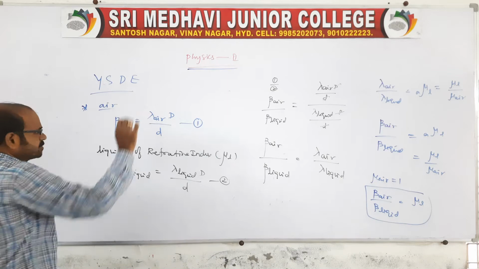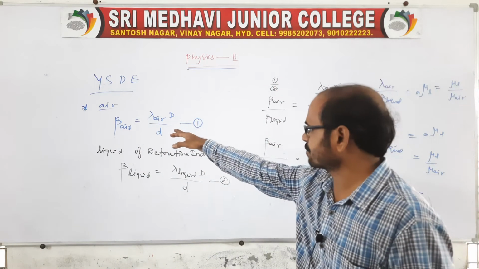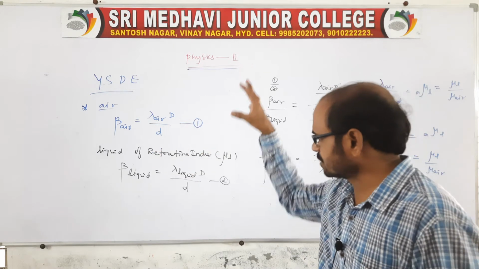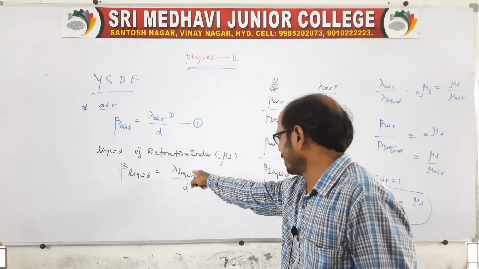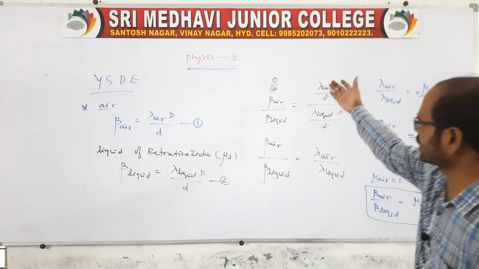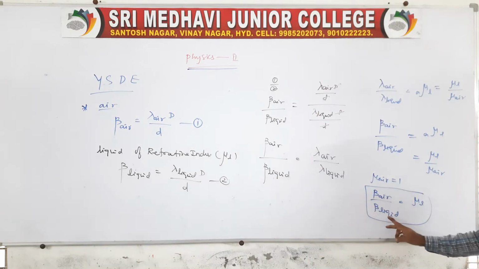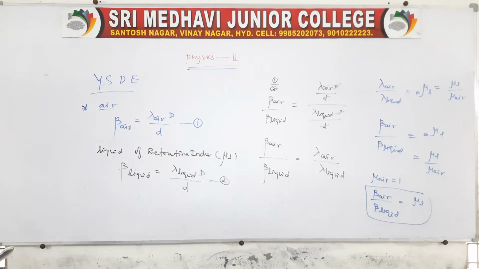When the apparatus is first in air, the fringe width is beta air, for the experiment conducted in air. Suppose the apparatus is completely immersed in a liquid of refractive index mu L, then beta liquid will be lambda liquid into capital D by small d. Therefore the final answer is beta air by beta liquid is equal to mu liquid, because mu air is equal to 1. The refractive index of air is 1.